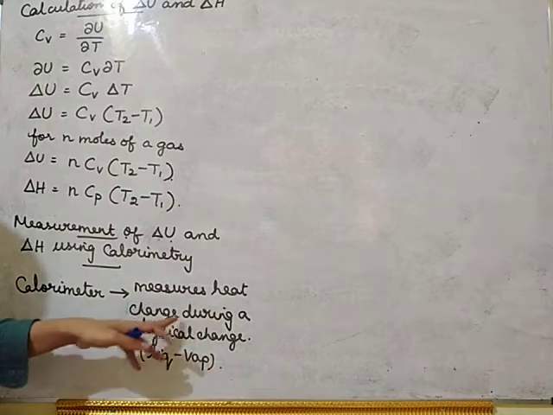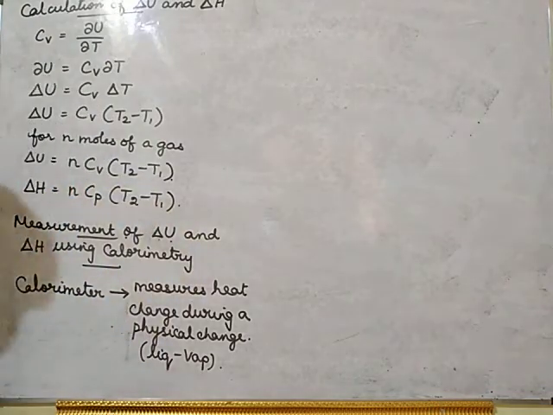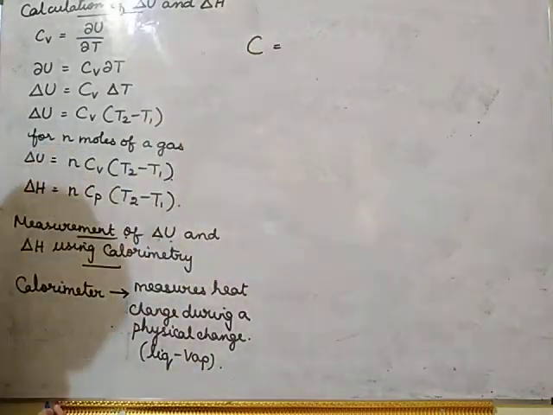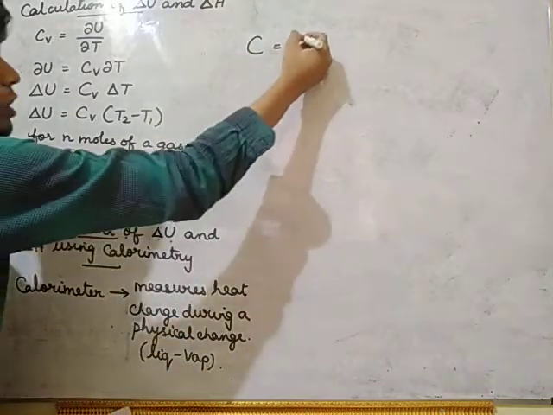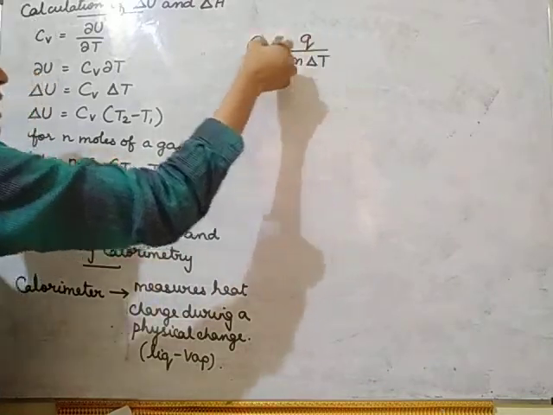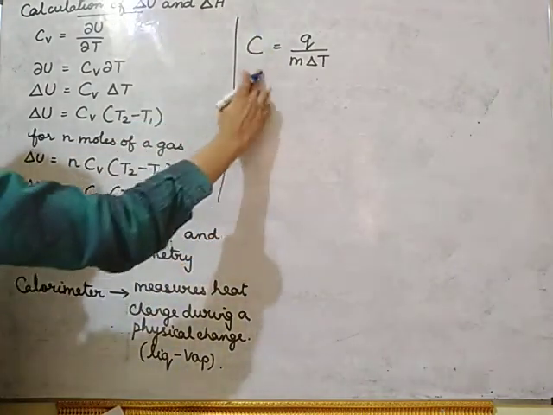What will be the heat change? That is measured by the instrument called what? Calorimeter. In calorimeter, this C, what is C? Heat capacity is equal to Q divided by m delta T. This we already studied yesterday.